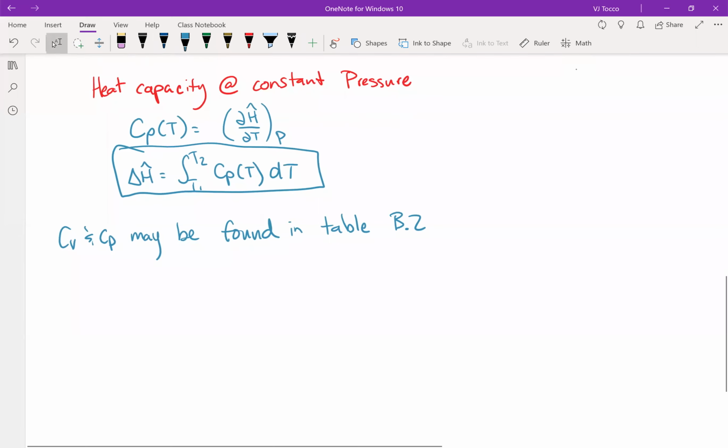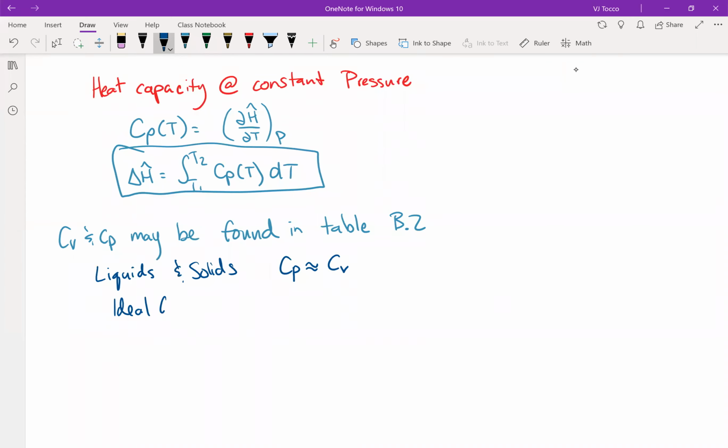Just another couple of quick notes. In table B2, I'll be more specific and say that only CP is in table B2. However, the heat capacity formulas are related to each other. So for liquids and solids, you can say that CP is approximately equal to CV. And for ideal gases, you can derive this yourself, by the way, you can say that CP is equal to CV plus R. You'll learn about this derivation in thermodynamics for sure.